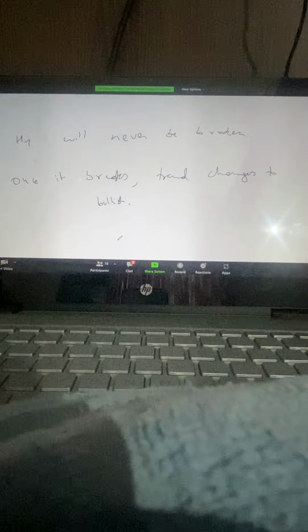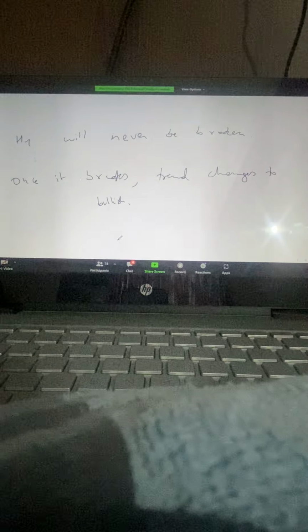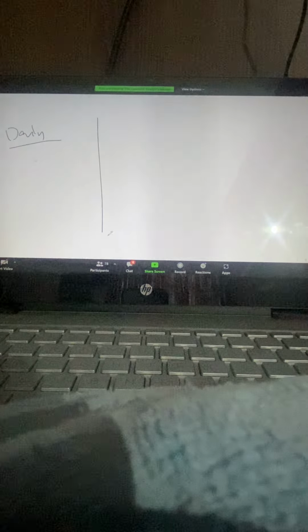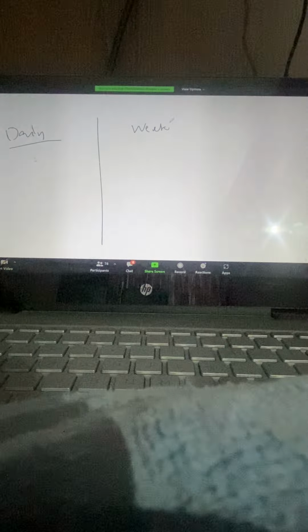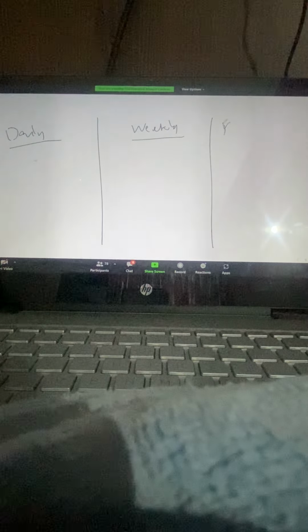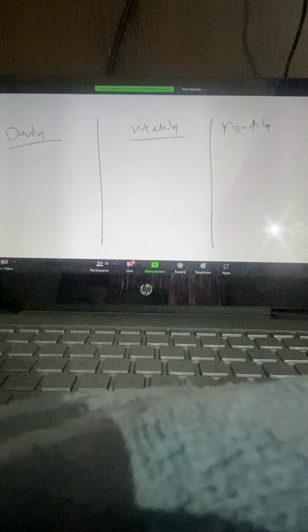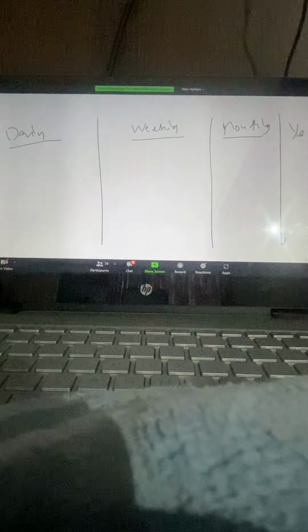Now a basic doubt should come: yes, we have different time frames, right? And we have different pivot types as well, right? We have daily, we have weekly, we have monthly, and we have yearly, right?